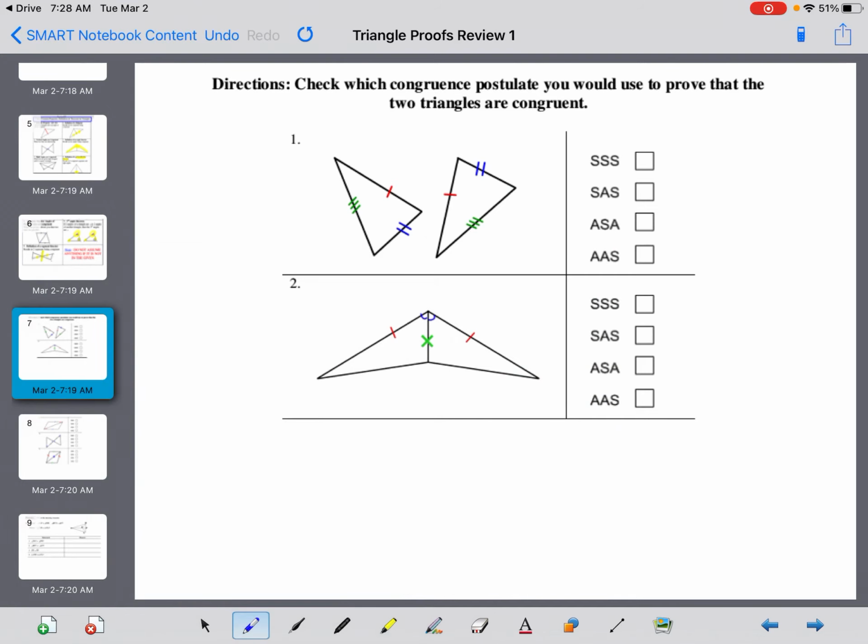All right, so it says, check which congruence postulate you would use to prove the two triangles congruent. Well, I see side, side, side, and side, side, side. So this must be choice 1. Number 2, I see side, angle, side, and on the other side, it's the same. Side, angle, side. SAS.